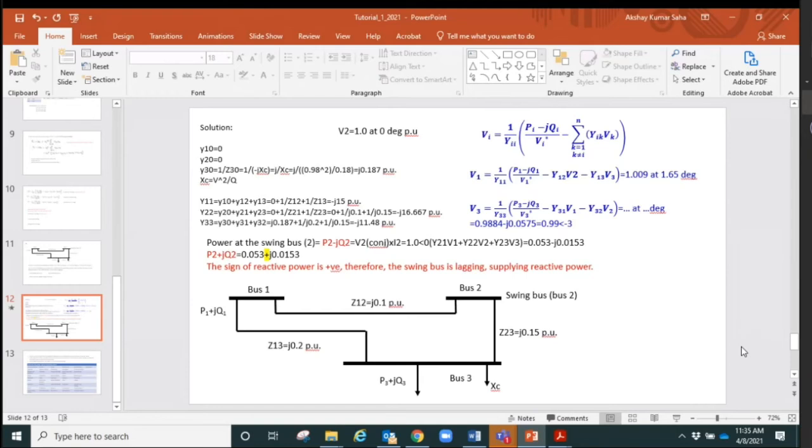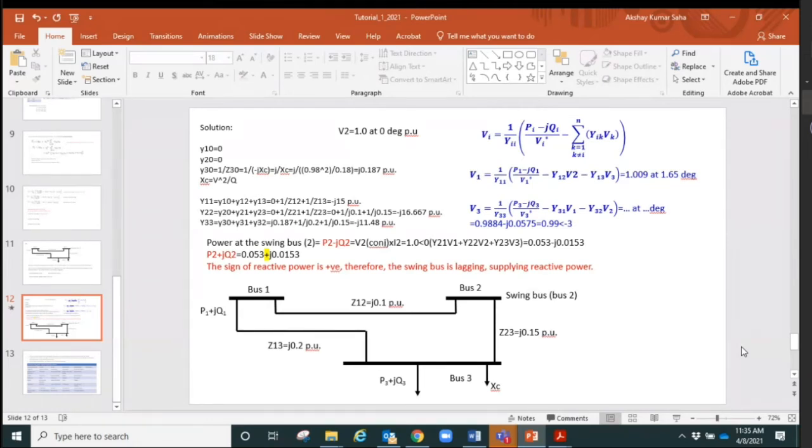As V2 is related to bus 2 and bus 2 is predefined as the swing bus, normally we calculate the voltages at other buses, not the swing bus. So it's still the same value that was given in the problem in the first place. It still remains 1 at an angle of 0 degrees.